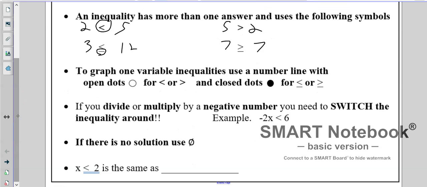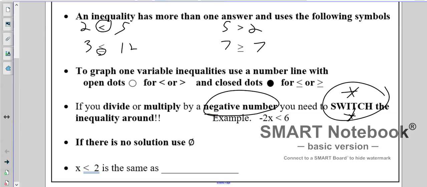Now, to graph one variable inequalities on a number line, we use open dots for less than or greater than, and solid closed dots for less than or equal, greater than or equal. All right? Now, here's the thing. The biggest rule you have to remember, you just need to mark this, circle it, put stars around it.